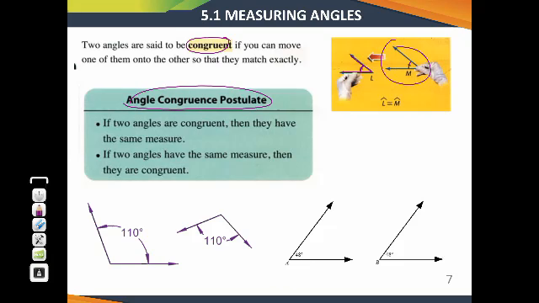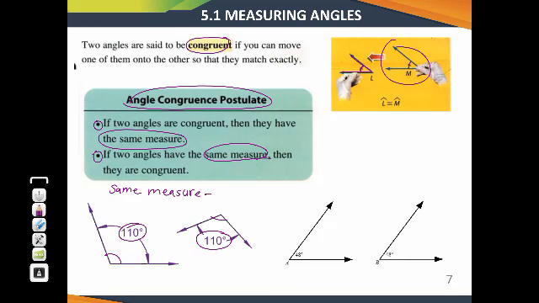The first one, if two angles are congruent, they have the same measure. And second one, if two angles have the same measure, then they are congruent. For example, this angle is 110 degree, and this angle is 110 degree also. So they have the same measure.